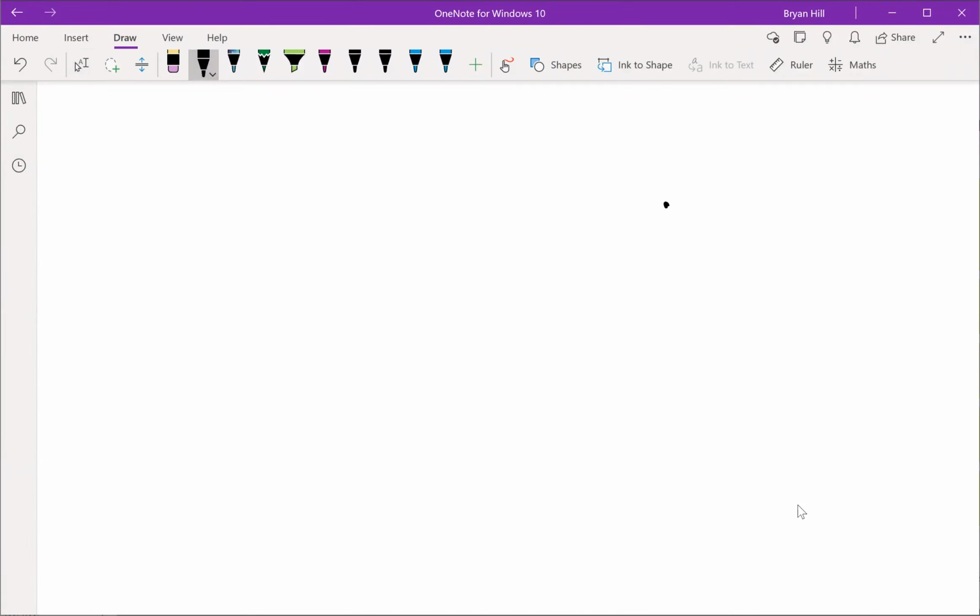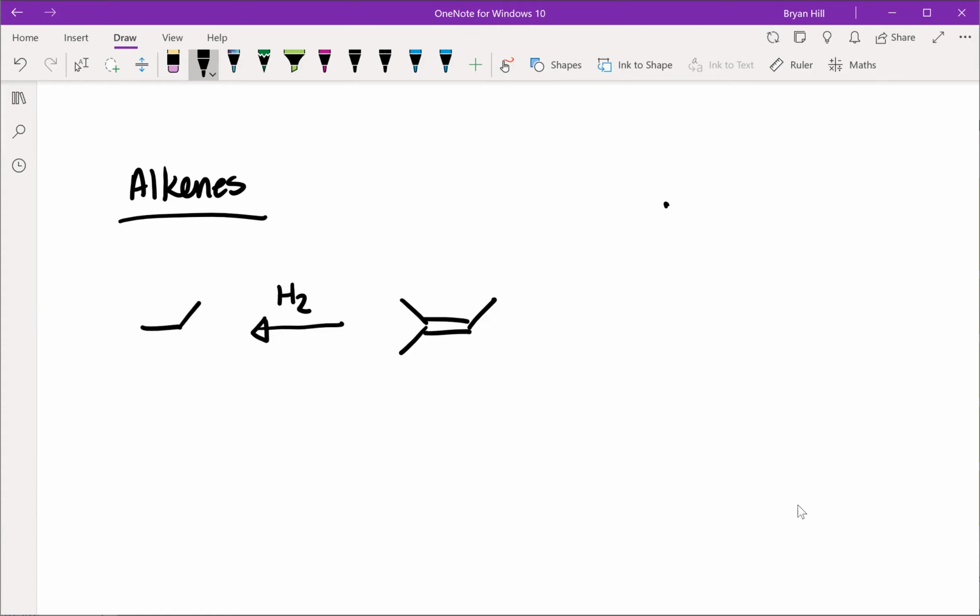All right, so last class we did addition of water across an alkene. Now we basically are going to start. We are going to add hydrogen to make alkanes.